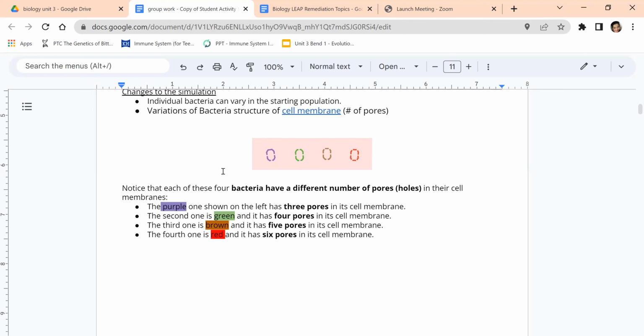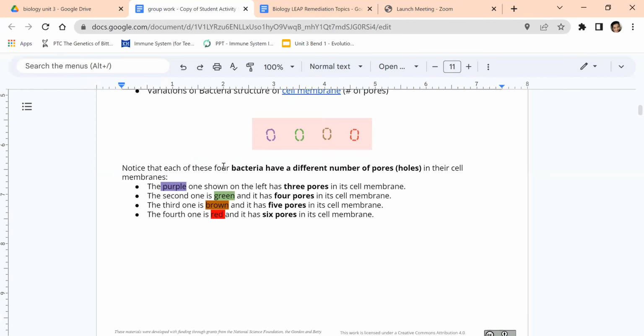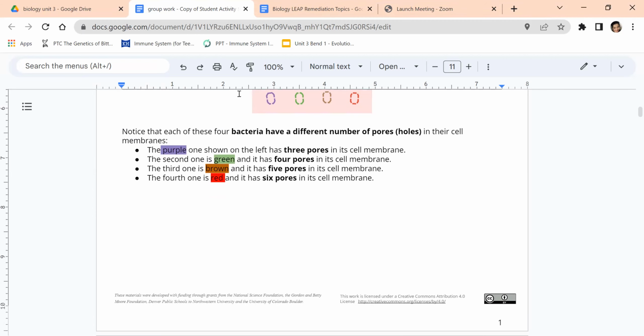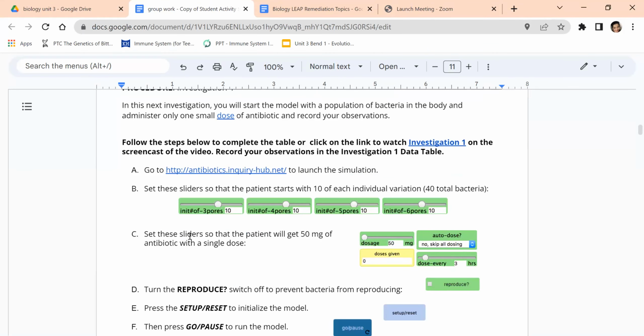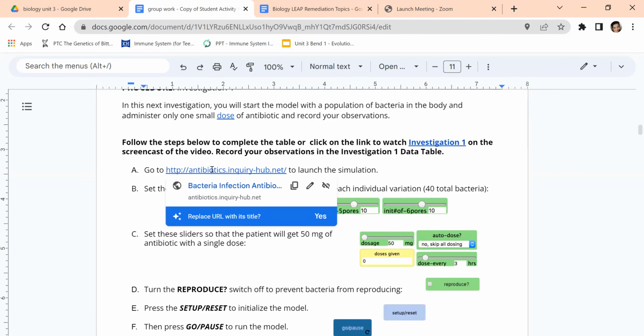So we've got a population of bacteria maybe living inside of a human, making them sick. And within that population, there is some variation in the structure of these cell membranes. Let's go to the computer simulation.